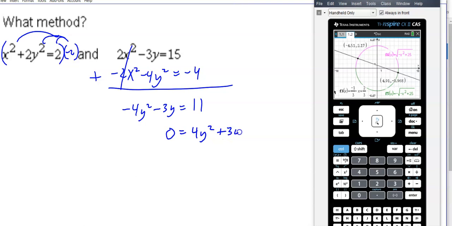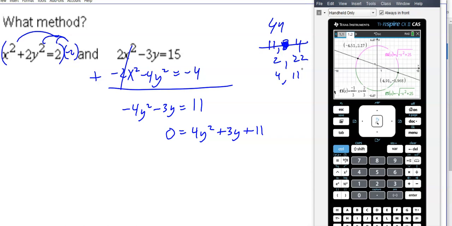plus 3y plus 11. So factors of 44 that add up to be 3. So I think 11 and 8 could work. No, 11 and 4, no. Let's try 2 and 22, 4 and 11.